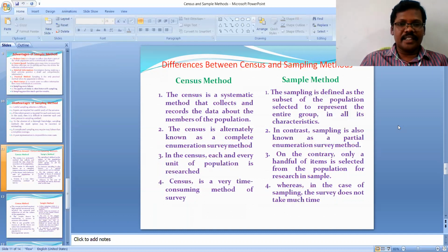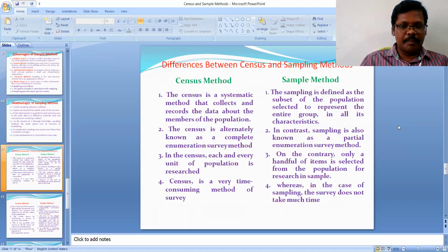Whereas the sampling method is defined as a subset, a part of the total population, selected to represent the entire group in all its characteristics.